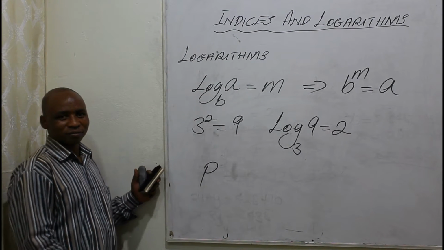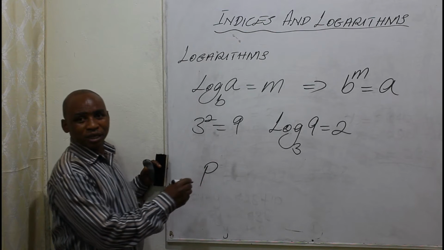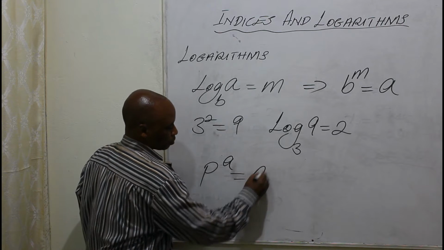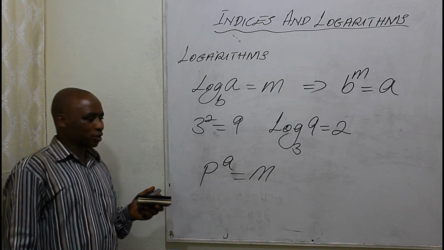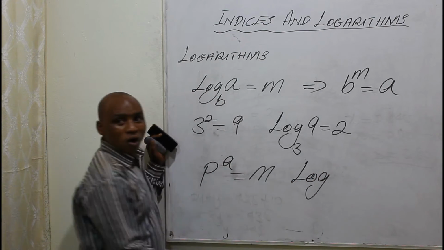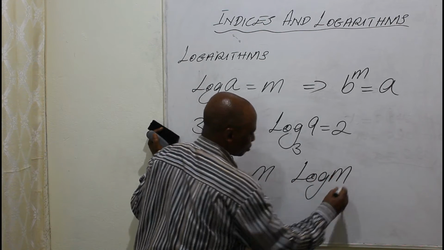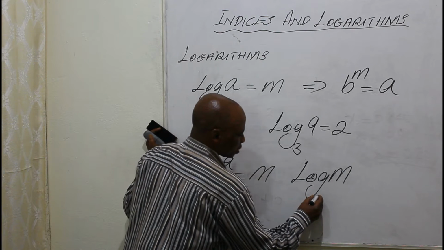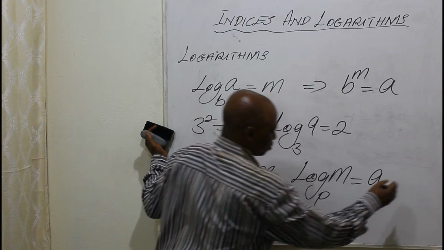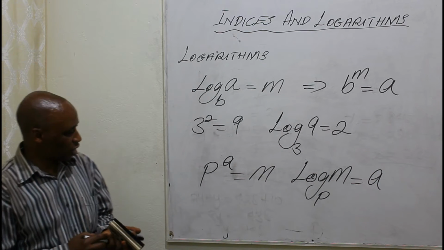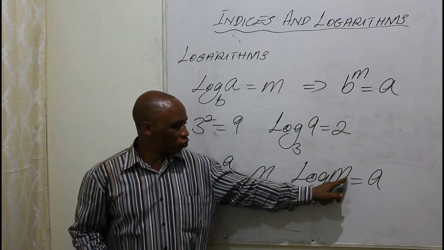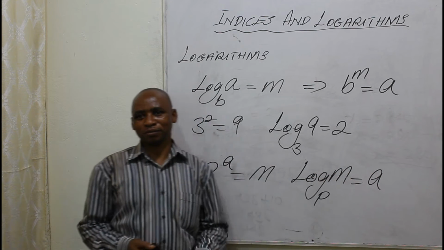In general, let's say we have P raised to the power A equal to M. In logarithms, we can simply say the log of M to base P is equal to A. That means the power to which P must be raised to give us M is A.